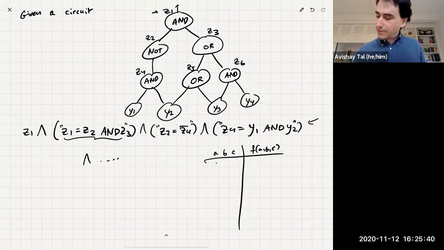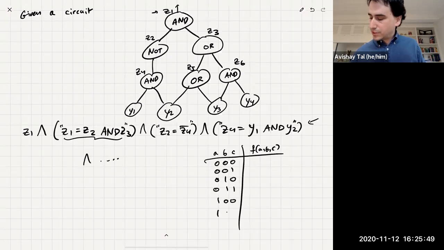I can write the entire function as a truth table, specifying the value of this expression on all 8 possible Boolean strings.